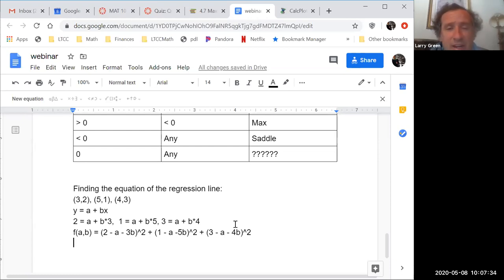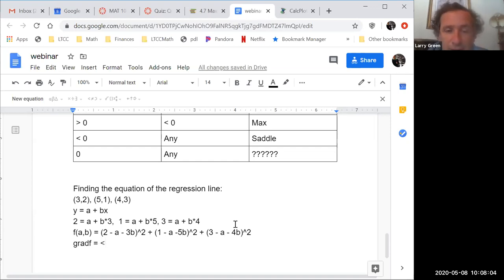Now, I'm going to let you know that you actually don't need the second derivative test because this will always result in a unique answer, which is always the minimum. That's theory that I don't have time for, I only have like 8 minutes, and that's not enough time to do it. But you can trust me. So what we can do is find the gradient, grad of f, and that's a vector.